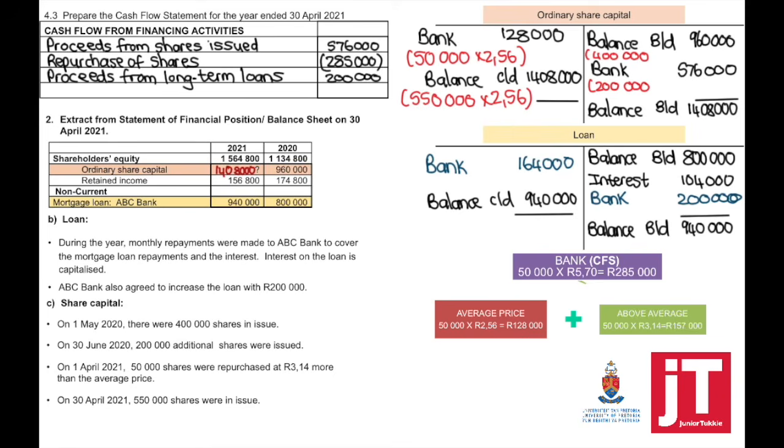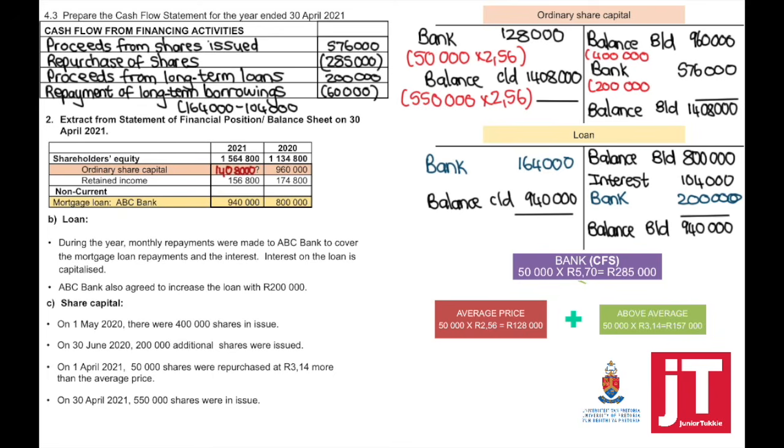I need to take the total repayment, which includes the interest, and minus that interest amount. That will go to the financing activity, repayment of long-term borrowings, and show your calculation in brackets. My final answer, 60,000, must also be shown in brackets. Why? It's an outflow of cash.